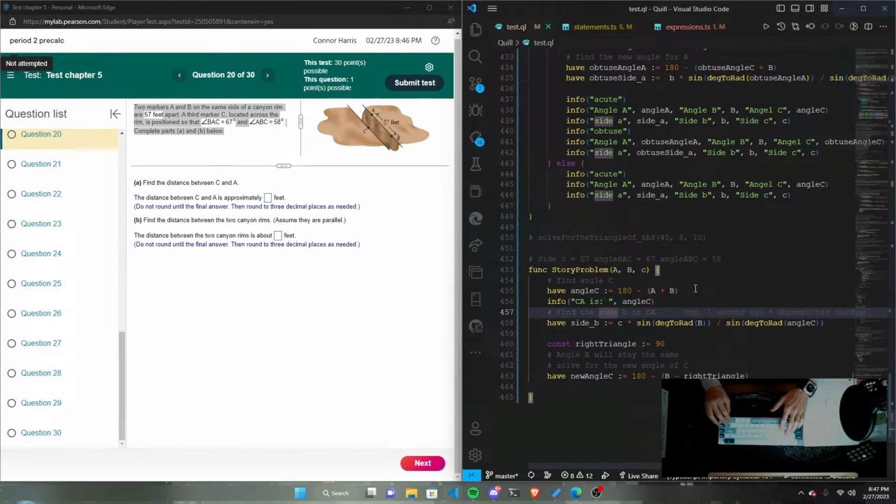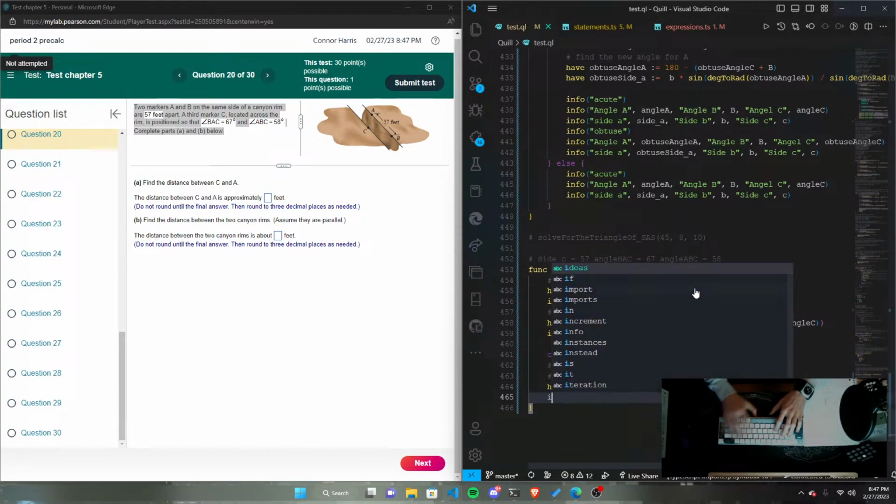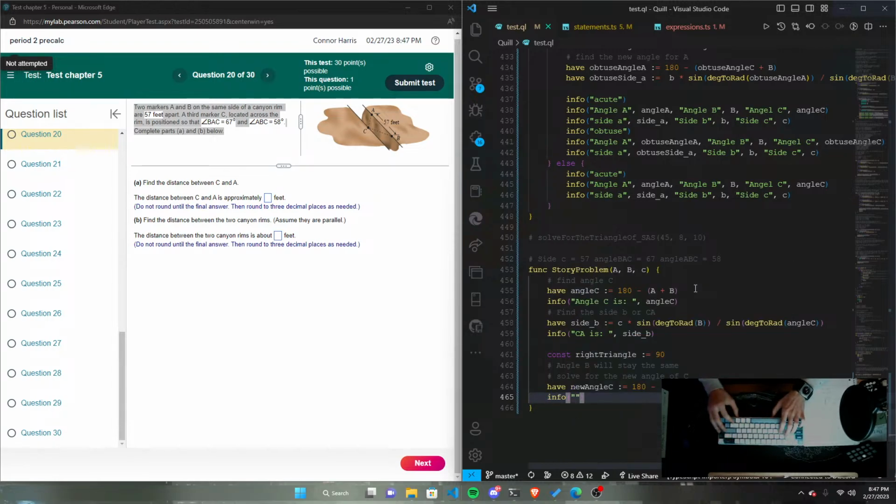And then now we just wanted to say that the angle C is, and then this console log here, the info C to A is, and then we would say side B. Alright, now we want to log the info, so info, this is our new angle C, so we'll say new angle of C is going to be the new angle of C.